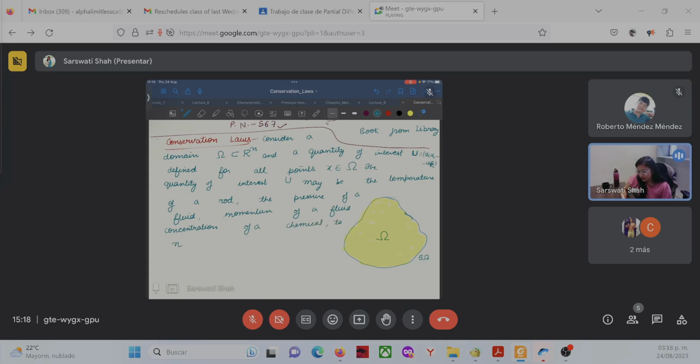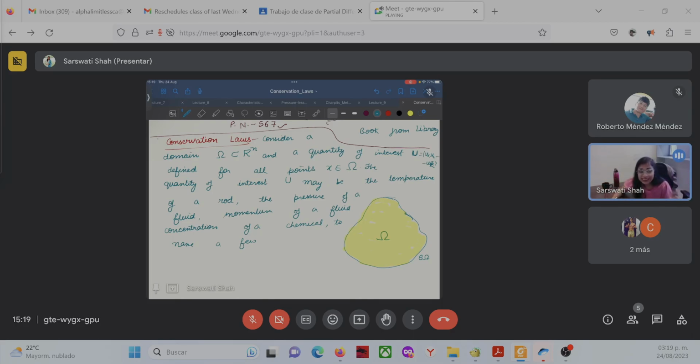I am just telling you a very small list here, but there are a number of quantities, because we are going to talk about oceanographic phenomena, atmospheric phenomena, aerodynamic phenomena. Like when the airplane flies, the wings of the airplane create some disturbance in the surroundings.